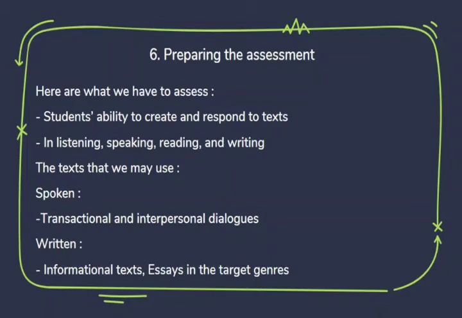And here is what we have to assess: student ability to create and respond to the text, like in listening, speaking, reading, and writing. And the texts that we may use are spoken, like transactional and interpersonal dialogues, and written, like informational text and essays in the target genres.